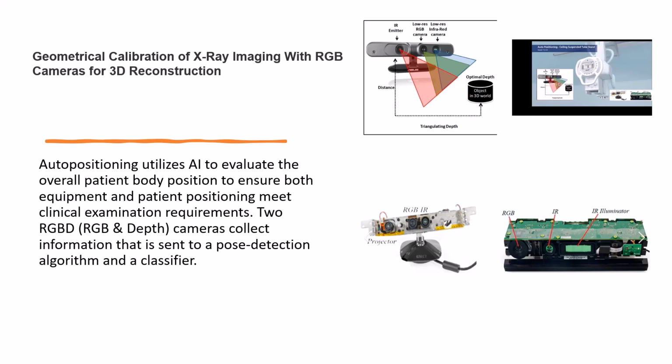Two red, green, and blue depth cameras collect information that is sent to a pose detection algorithm and a classifier. You remember from your schooling that the electromagnetic spectrum contains not only X-ray, but visible light. And visible light is made up of the spectrum red, blue, and green. With these cameras, we can do geometrical calibrations of X-ray imaging.